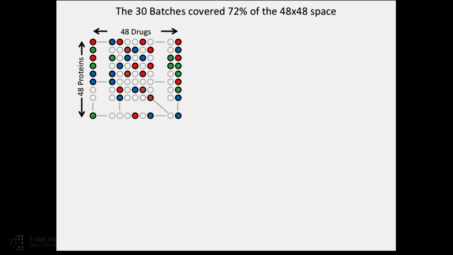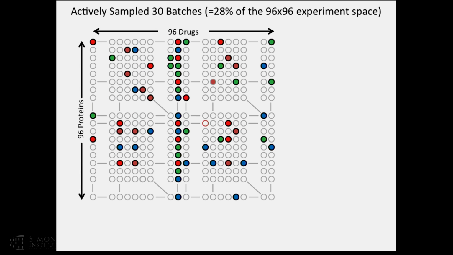And now, we stop, interestingly, because we ran out of money. All right? We only had a certain budget for this. We ran out of money, we stopped. When we had done that, we had sampled 28% of the possible experiments.